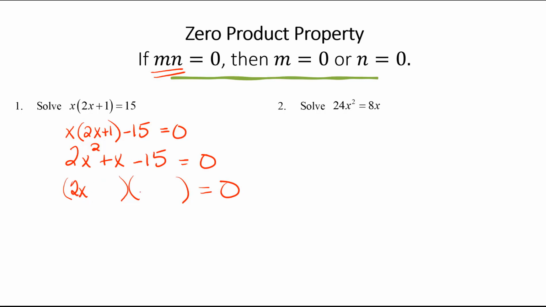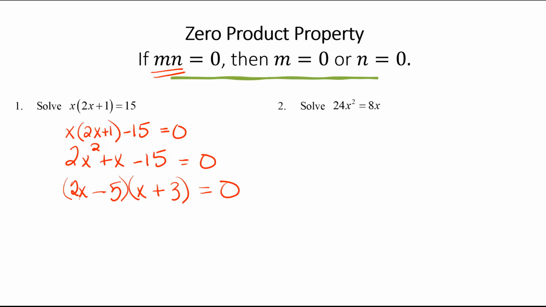So 2x and x, and then we have to figure out what two numbers multiply together to give us negative 15 and help this add up to 1x. So if we put a 3 here and a 5 here, that's going to give us 15, and if we make this part positive and this part negative, that's going to give us a positive 1x for our middle term.